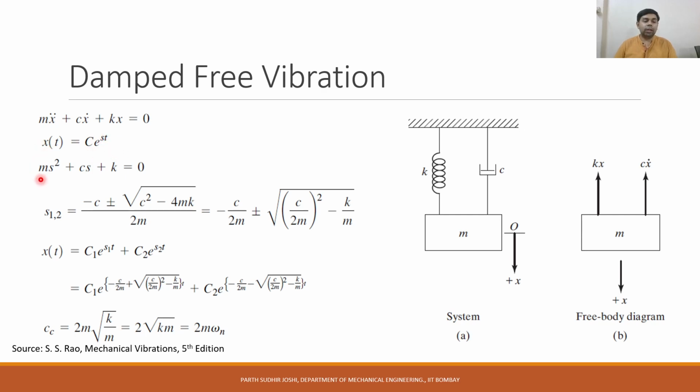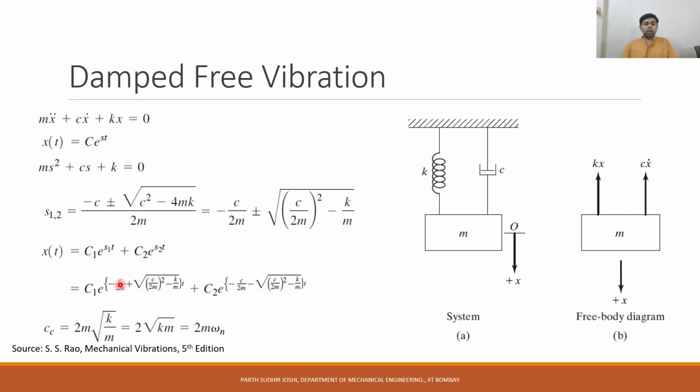And then we get the general characteristic equation in terms of S, and we solve this as a quadratic equation to get the roots for S. So we get the two roots for S, in terms of the mass, stiffness, and the damping coefficient. So we can write down the general solution in this similar form.